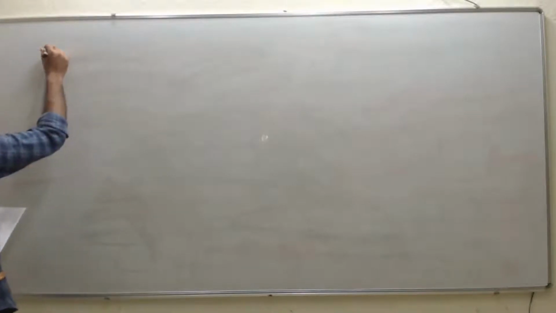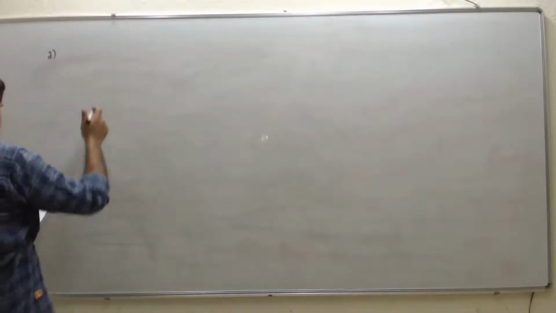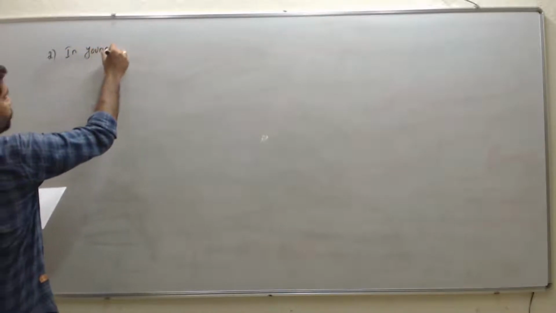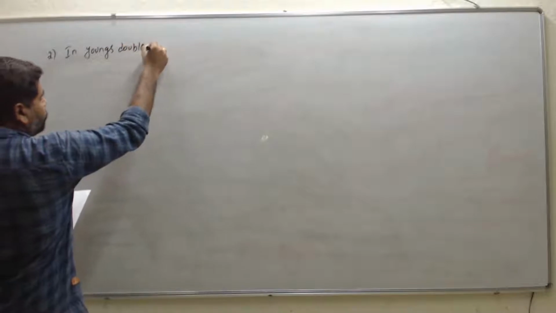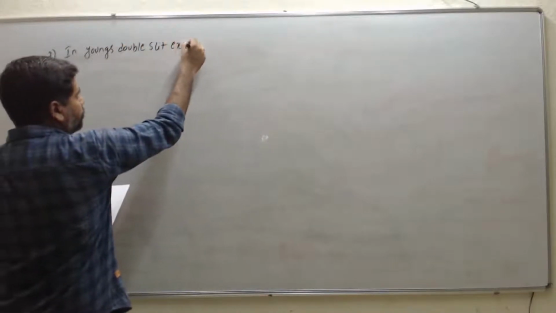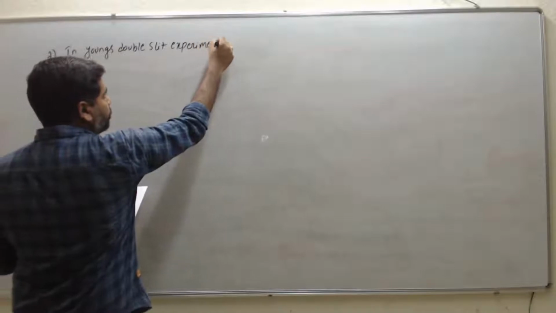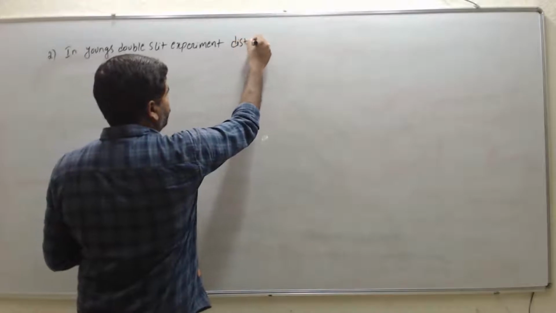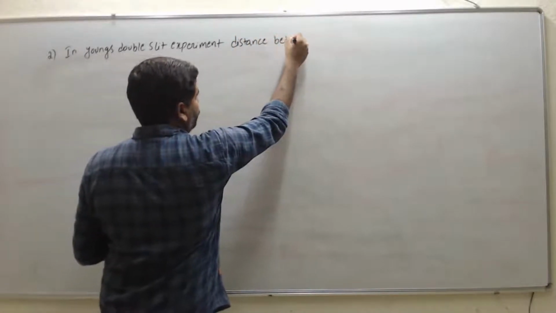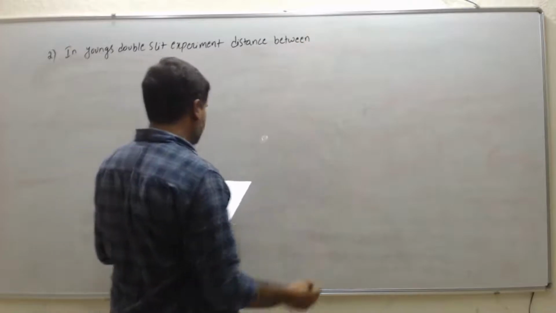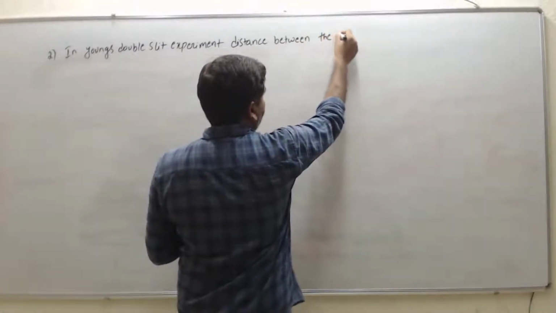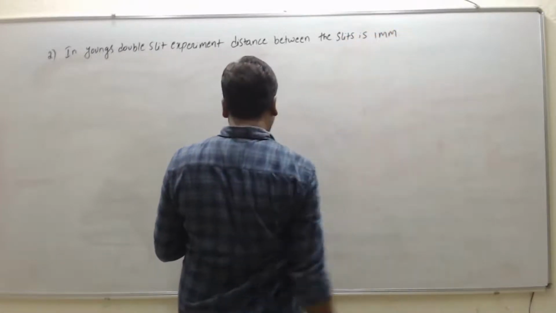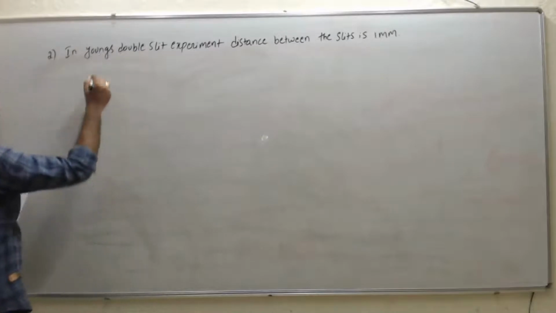Next, second question. In Young's double slit experiment, the distance between the slits is 1 millimeter.